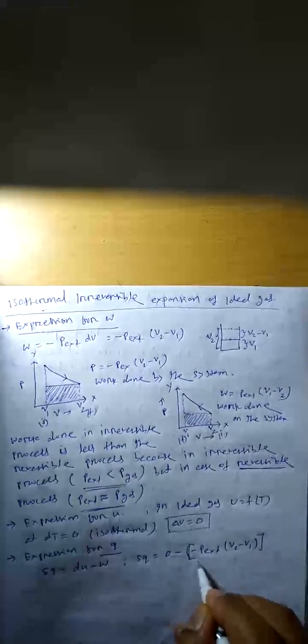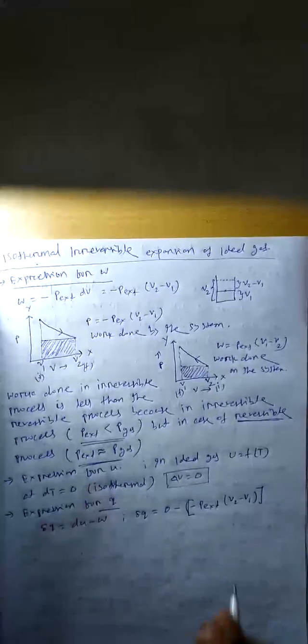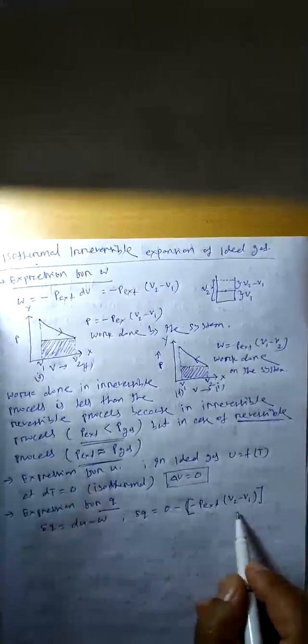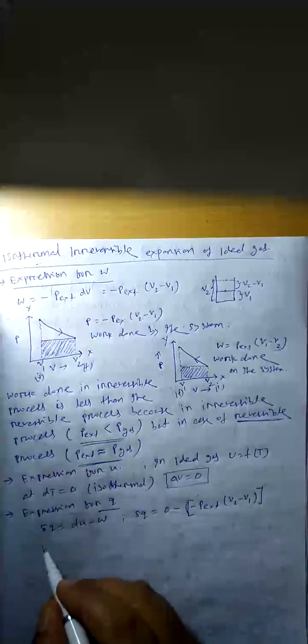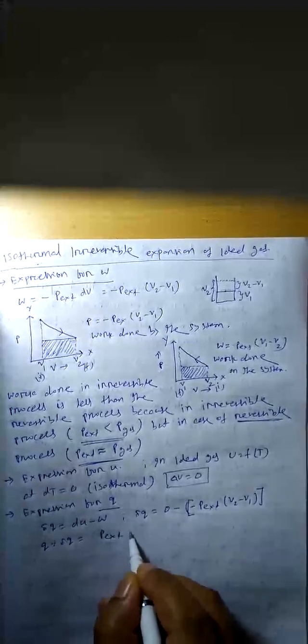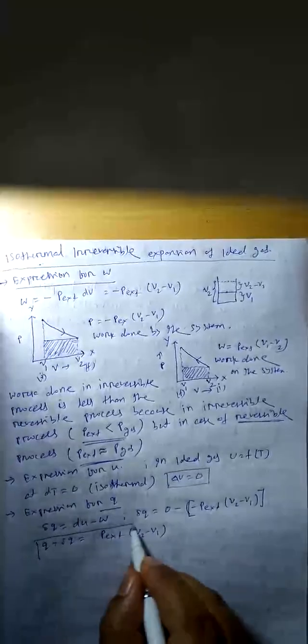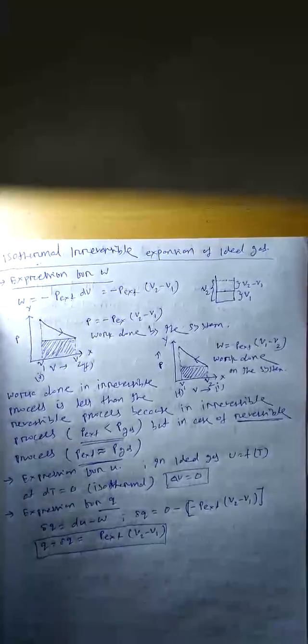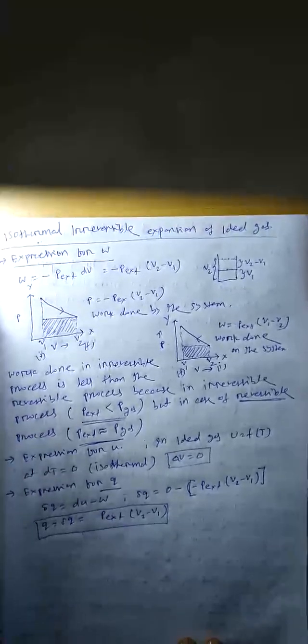This minus becomes plus. That means Q or del Q is equal to P external into V2 minus V1. This is the expression for Q.